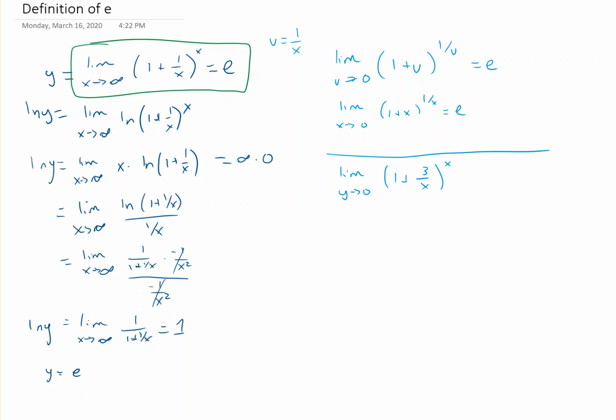Well, let's do our u sub, right? And again, I used y. I meant to use x. Let me go back in here and fix this. I want to get to y, so I'm going to do a u sub, though I'm going to use x. So we're going to say, let y equal 3 over x.